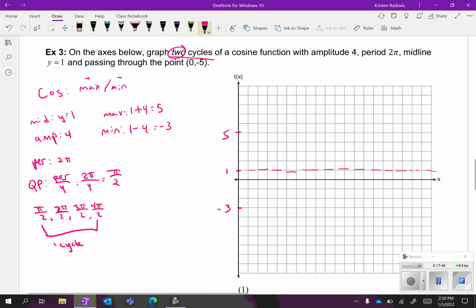But the question is asking for 2 cycles, so I'm going to do another 4. That's going to be 5 pi over 2, 6 pi over 2, 7 pi over 2, and 8 pi over 2, which is another cycle, which would bring it to 2 cycles.